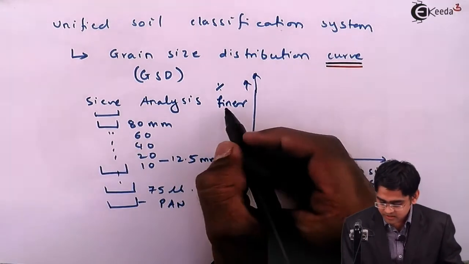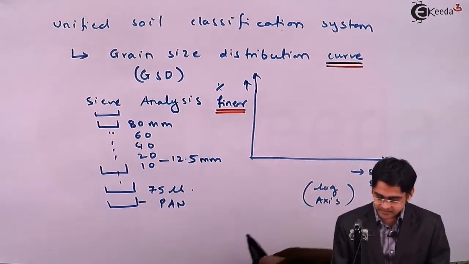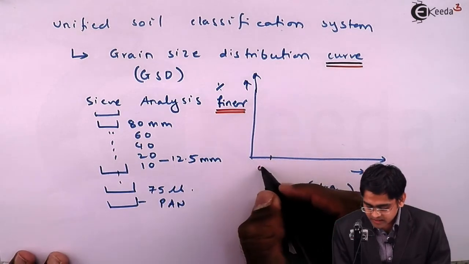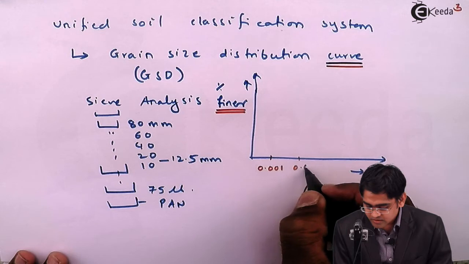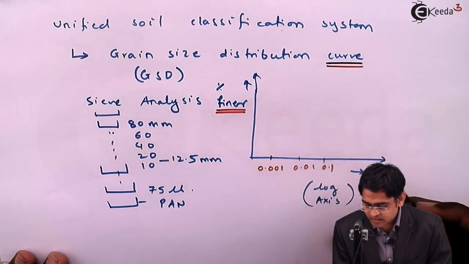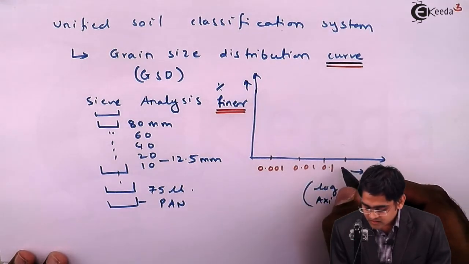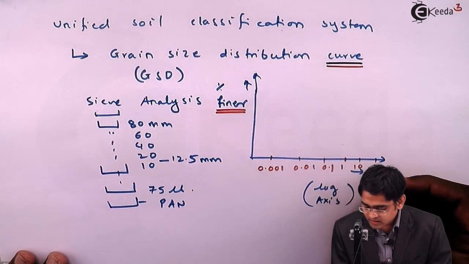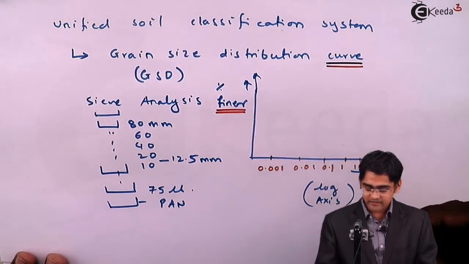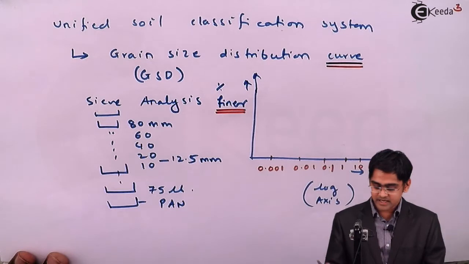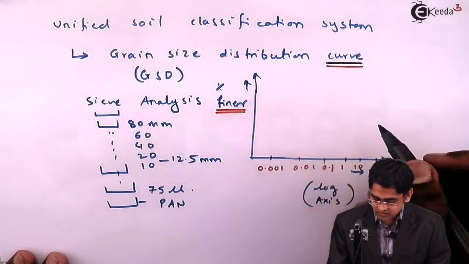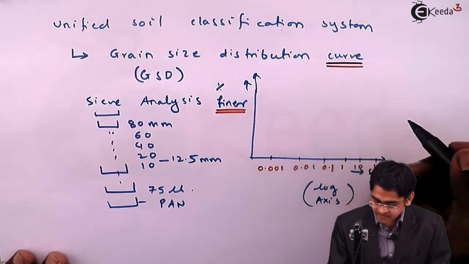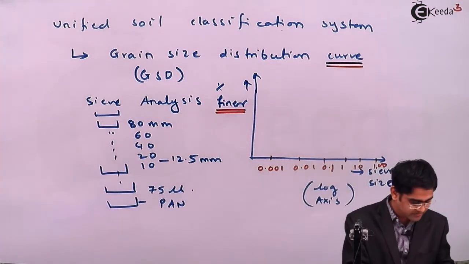With particle sizes 0.001, 0.01, 0.1, 1, 10, 100, if I draw a curve it looks like this.